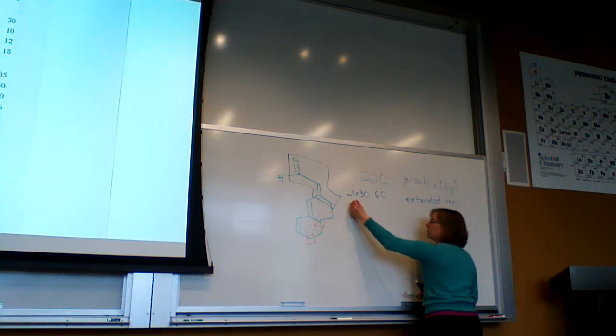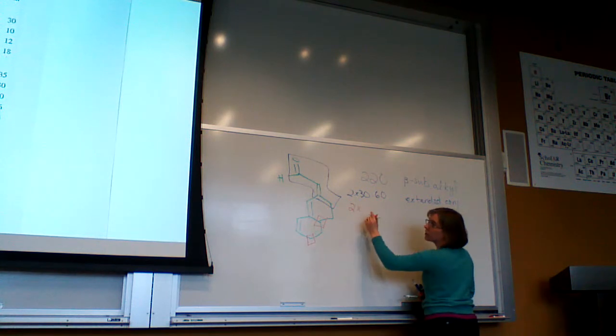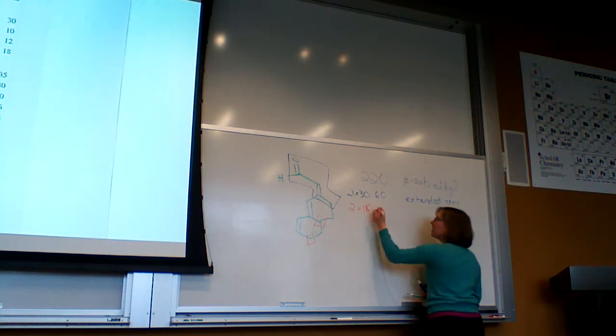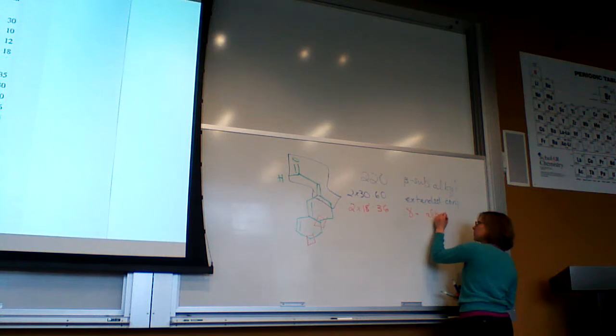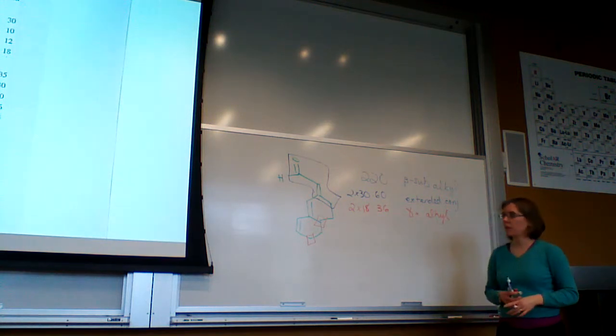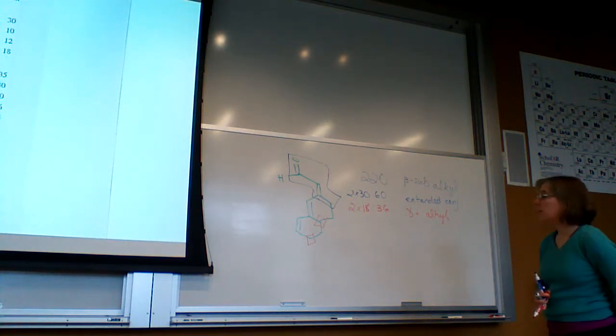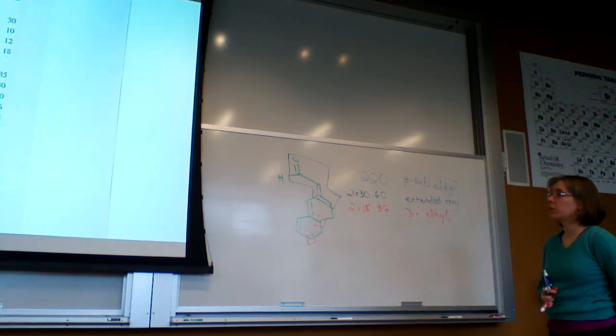So we have 2 times 5, no, sorry, I changed here, 18. 36. No polar groups attached, unless you want one.